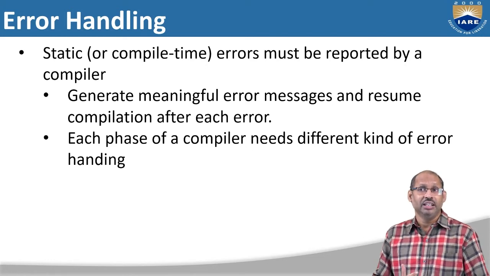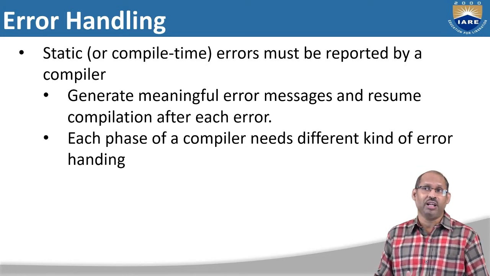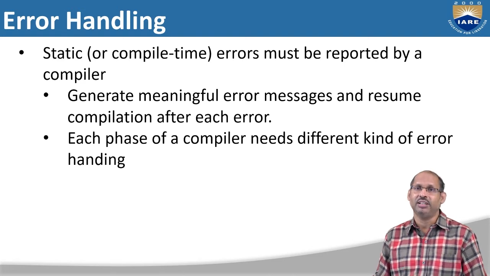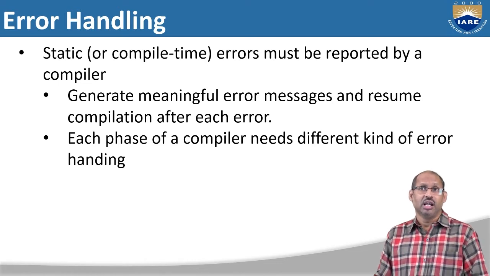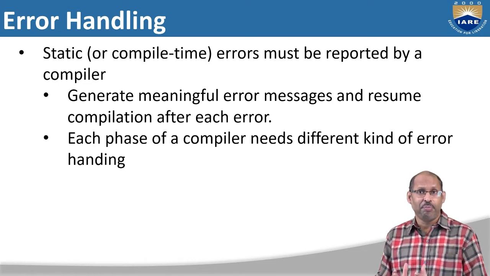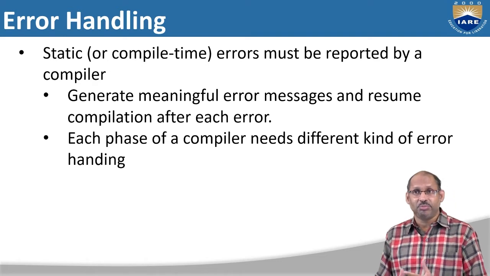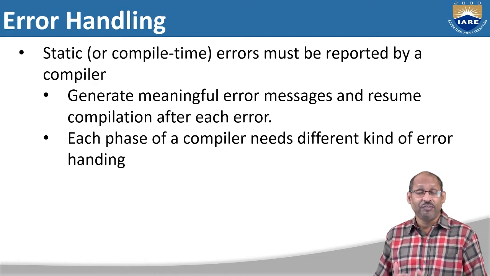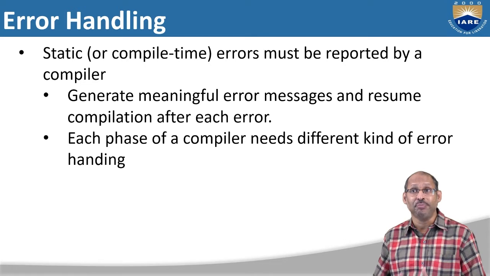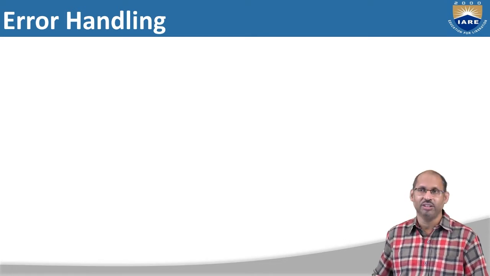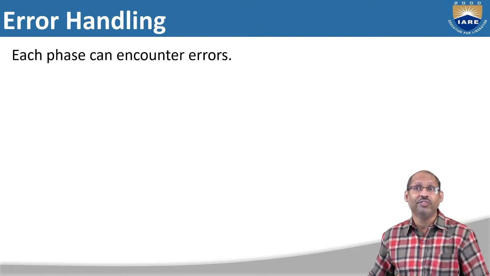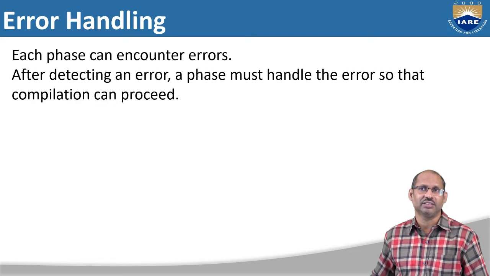Each phase of the compiler also needs some error handling routines. The compiler will generate the complete list of error messages, and different phases of a compiler also maintain some error handling routines to overcome these errors.